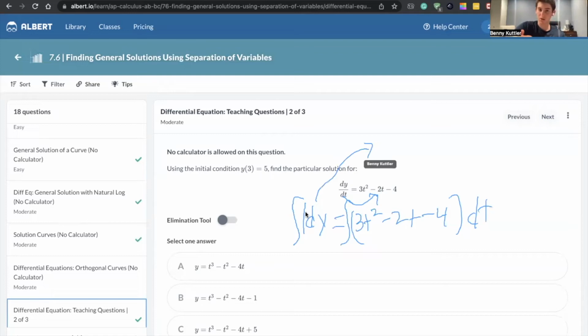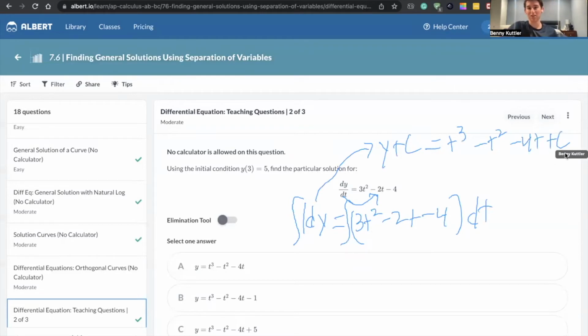Draw an arrow to make sure it comes from that. The antiderivative of 1 is y. So y plus c equals the integral of this, which is t cubed minus t squared minus 4t plus c.